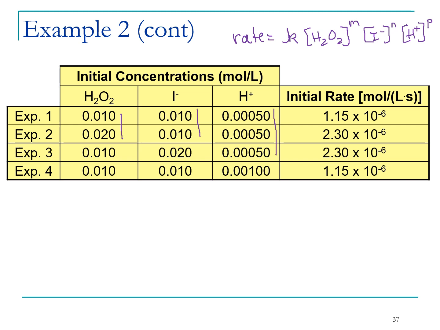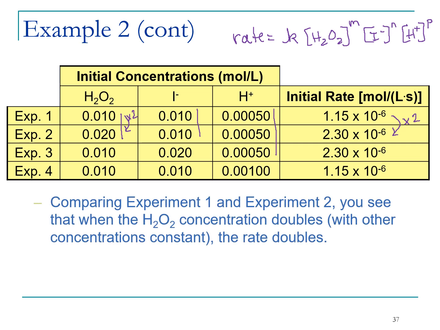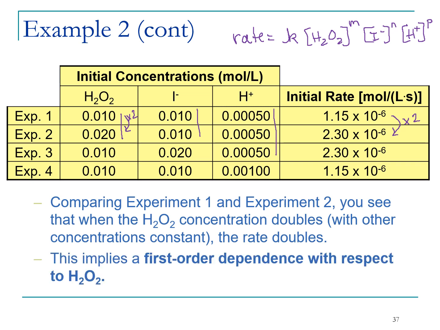Let's just take a perusal. We've doubled the concentration here, and what's happened here. Hopefully you can see that that's also doubled. So it should be first order. If you want to write it out, how would I do that? I thought I wrote it out, but I think I didn't, but let's do that. So I always start with rate on the left.